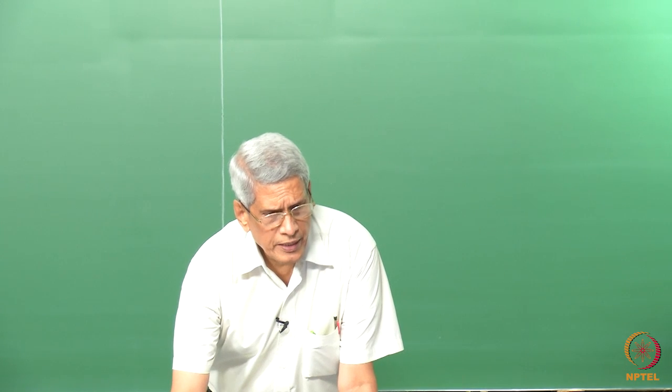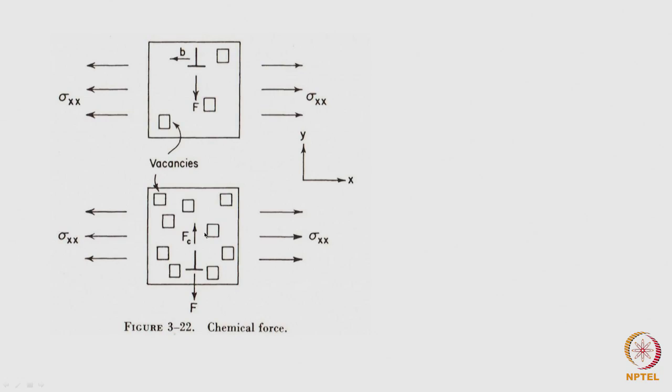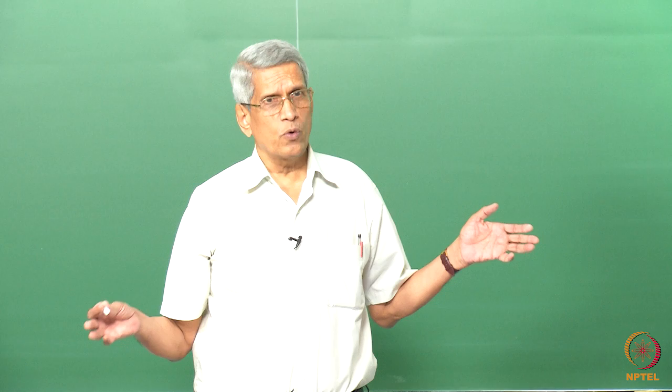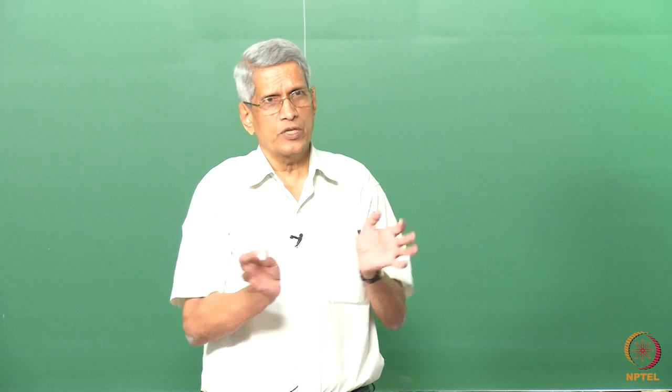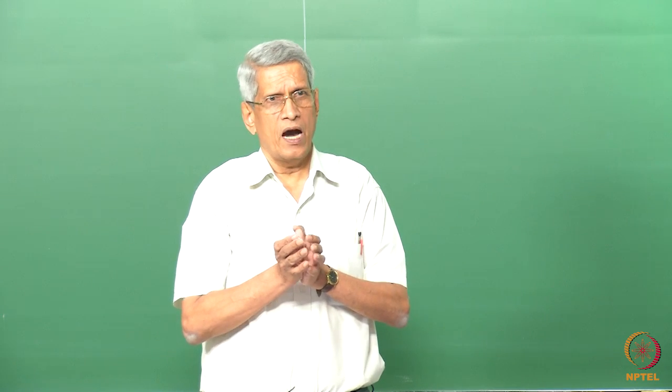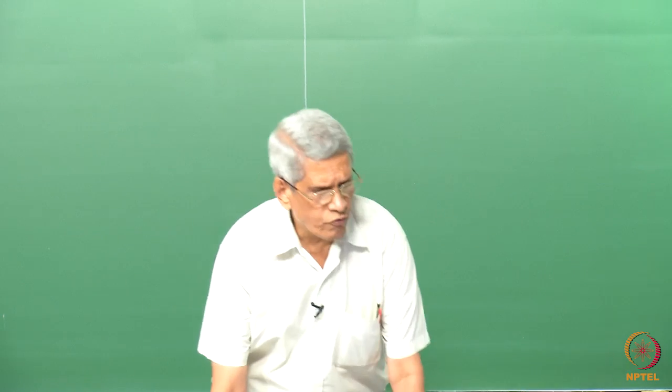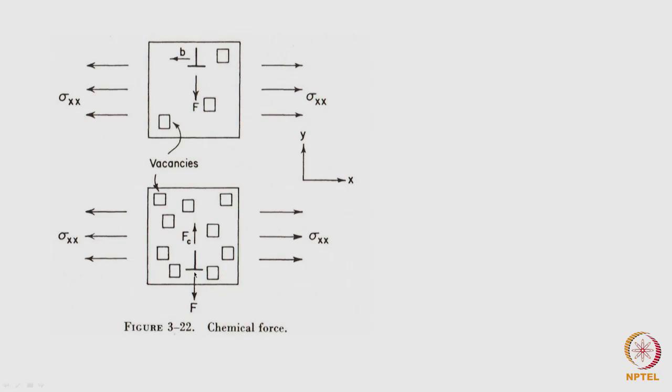So as the dislocation comes down, when the vacancies are created, these vacancies will try to generate, because if they are not going out of the sample surface, this is going to generate a pressure inside the material, or some sort of a force. That force will try to act in a direction which is opposite to the direction in which the external force is acting on the dislocation.